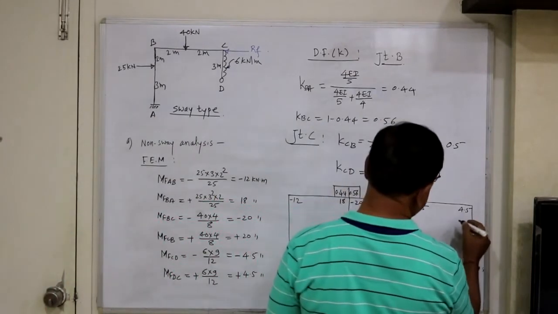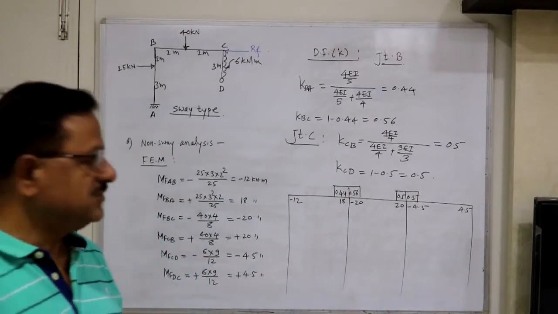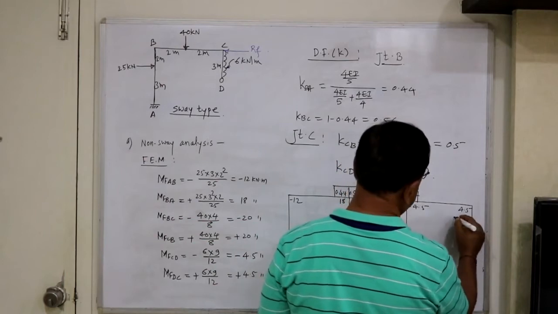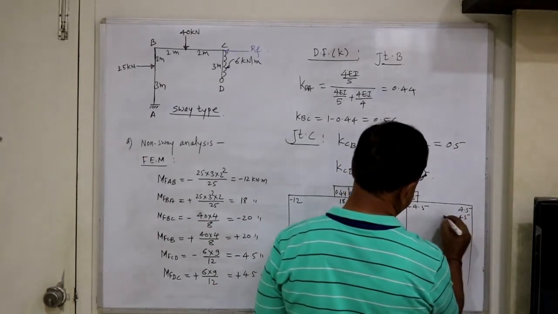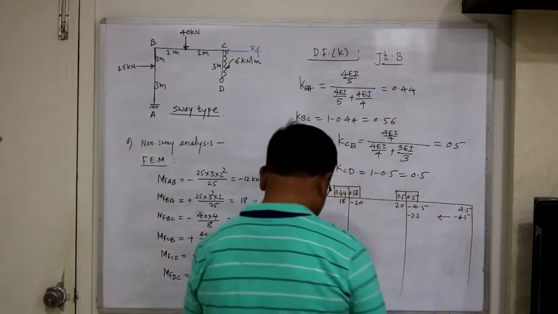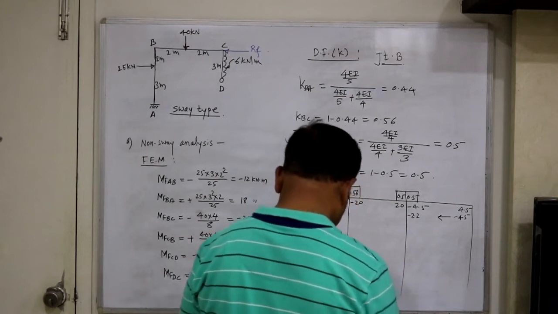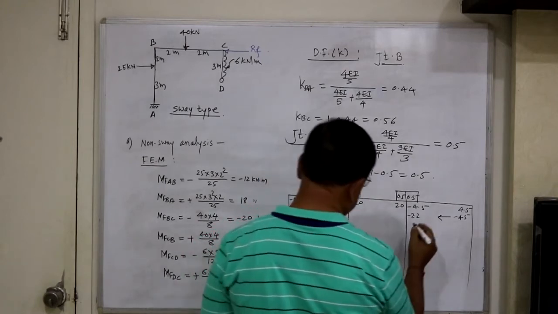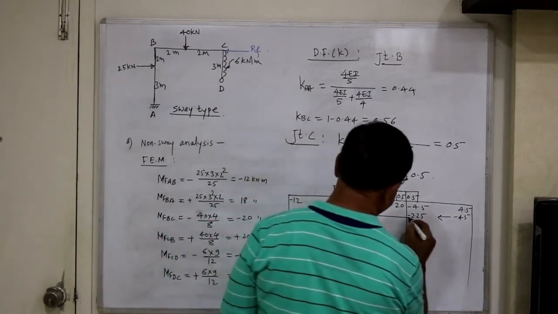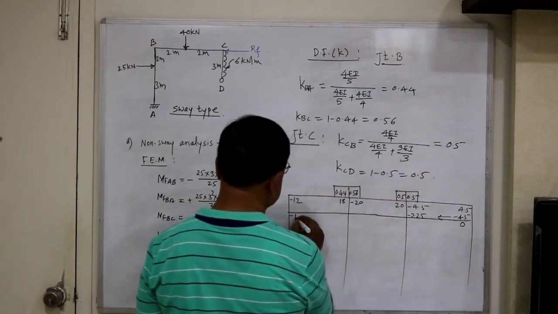Now end D is a hinge support and the bending moment at D must be equal to 0. That is the release of the bending moment at D and carryover. So apply an equivalent opposite, carryover minus 2.25. Now mark one line, and this becomes 0, and this is minus 12.